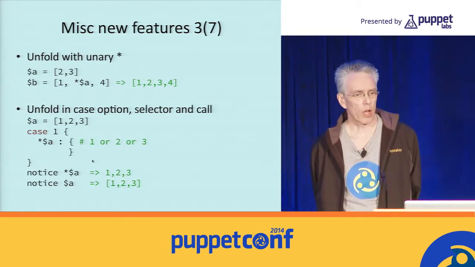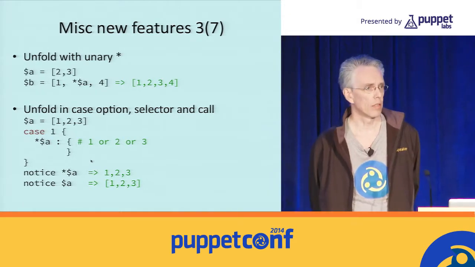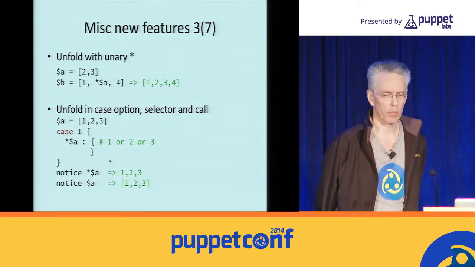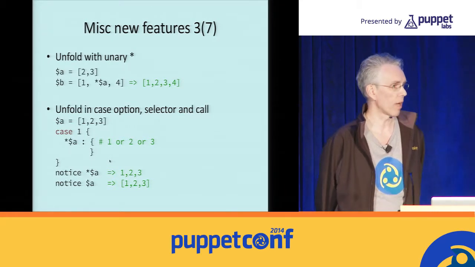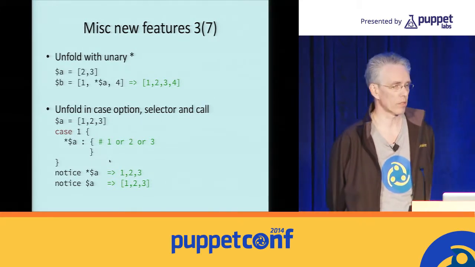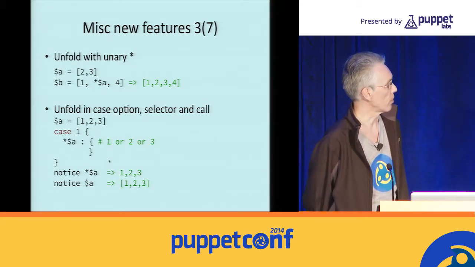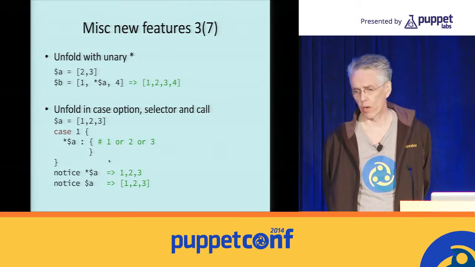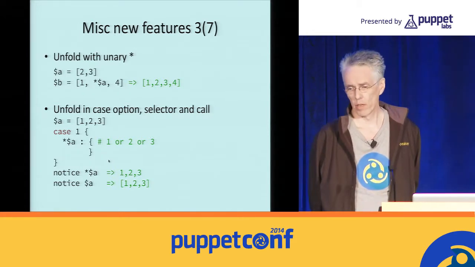You can now use unfold or splat. If you precede something that is an array variable with a star, it will unfold it. That is, as if you wrote the elements in place instead of where you use the unfold. And you can use that in various places, like the first example inside of an array, or if you do a case, if you have your cases in an array.